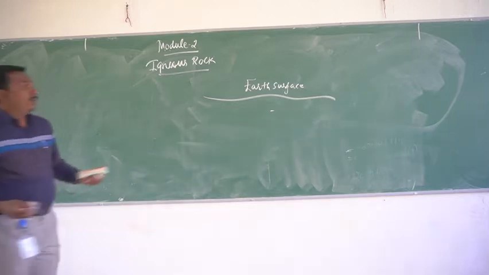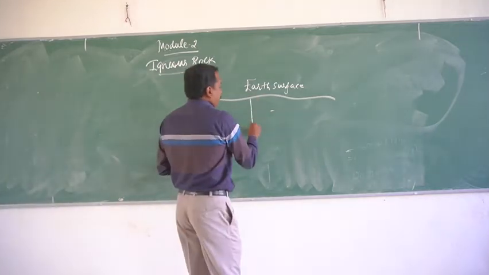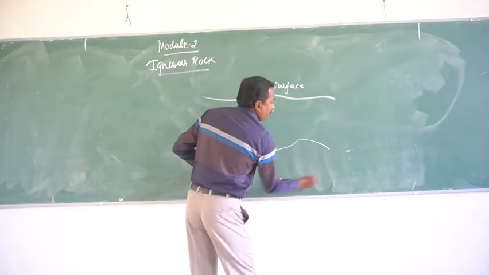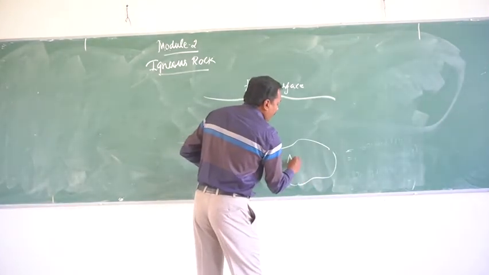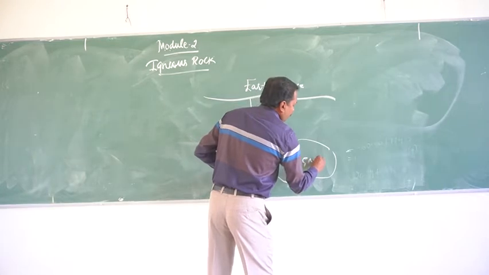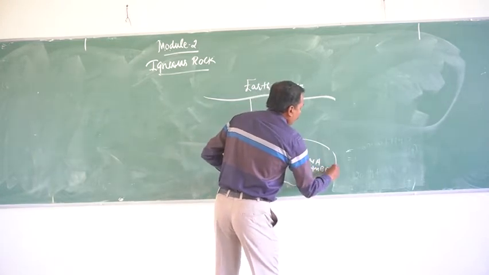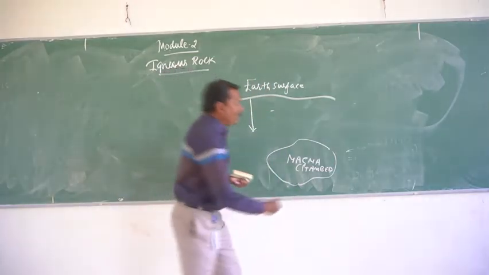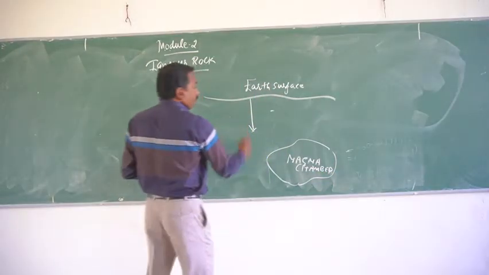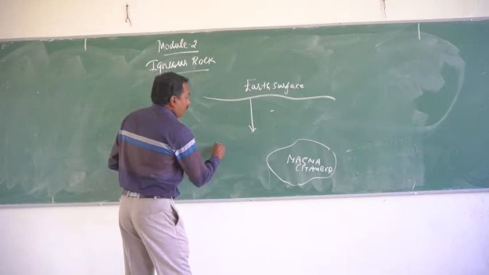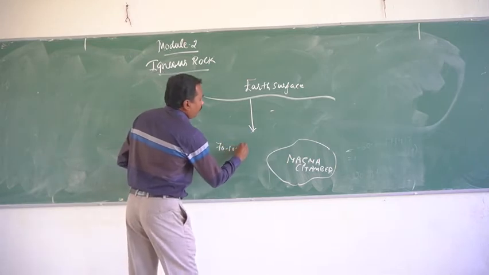Beneath the earth surface, there is a chamber called the magma chamber. This magma chamber lies at a depth of 70 to 100 kilometers.